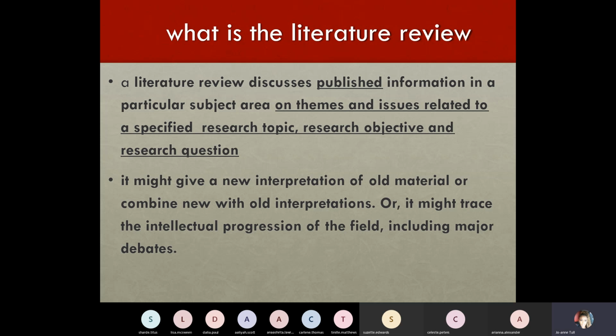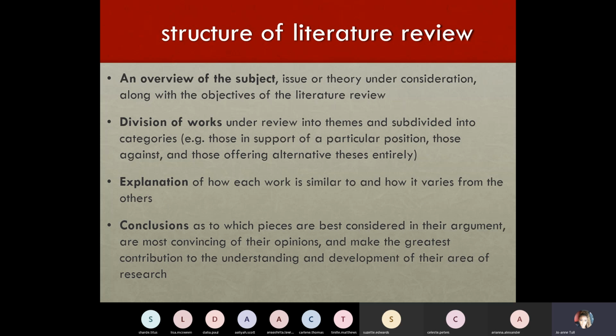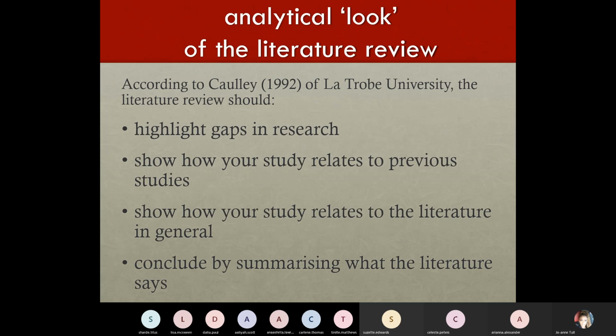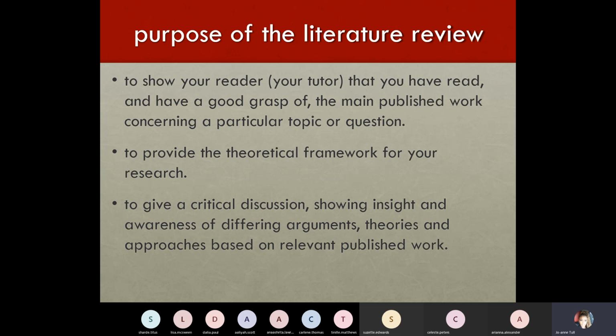Let's go on now. Before we go any further, it is important that we know why we are doing the lit review, because then we will know exactly what we're going into the literature for.